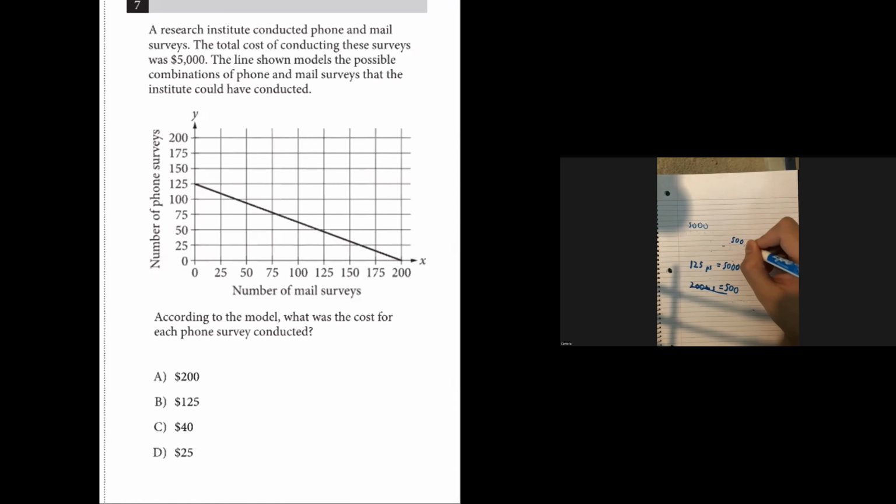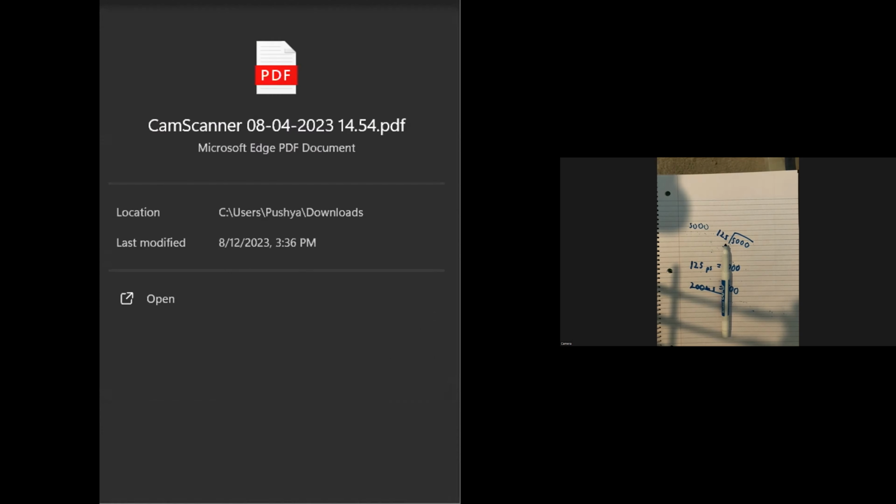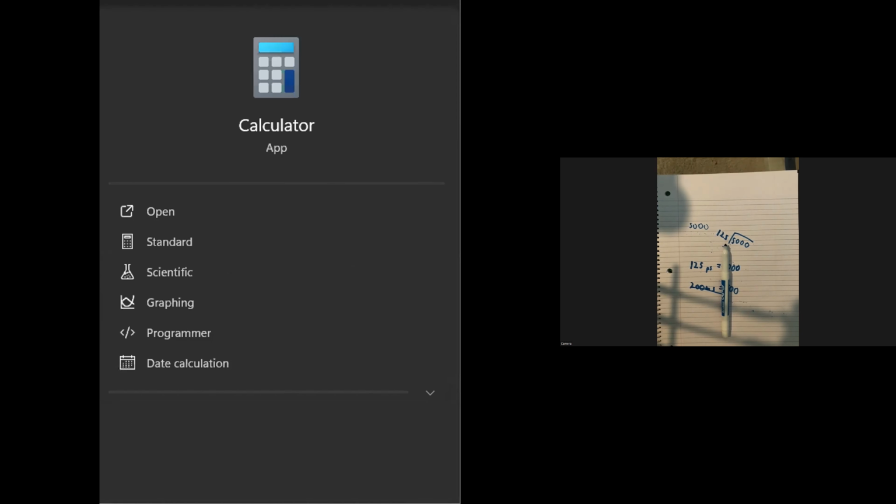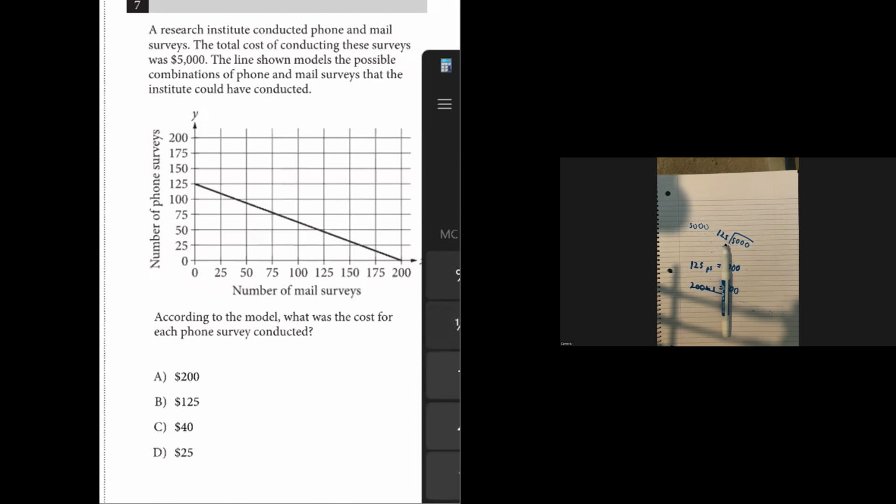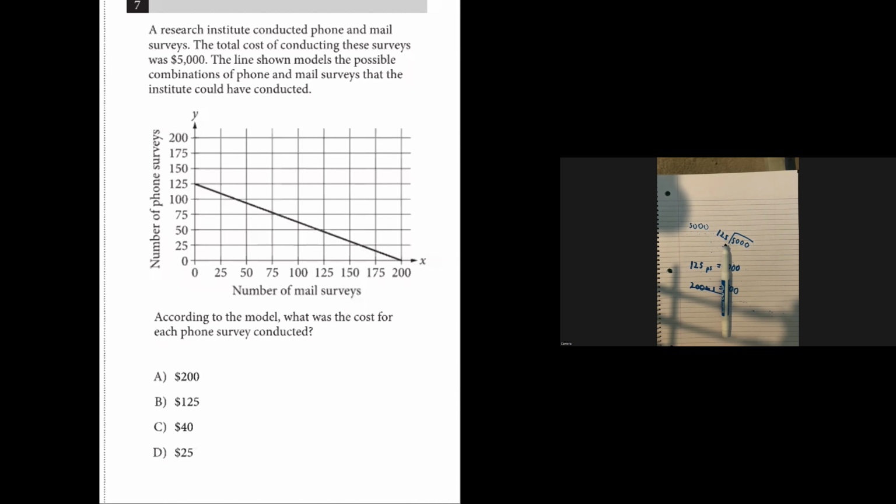So 5,000 over 125 gives us 40. Because 125 times 4 is 500, and then you have the zeros here, so it's 40, which would give us C.